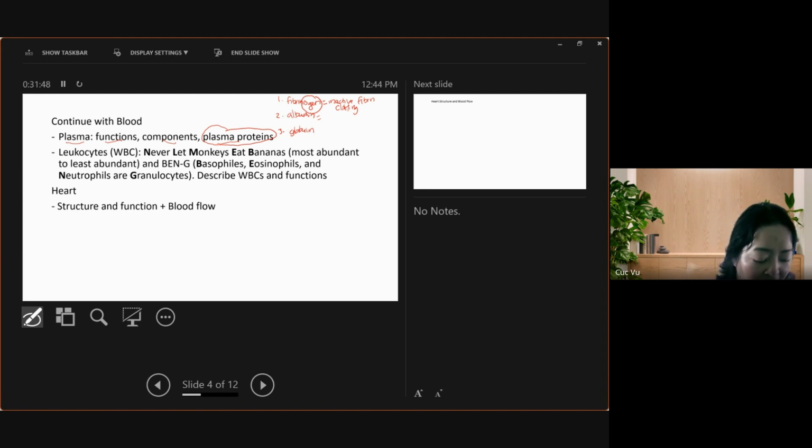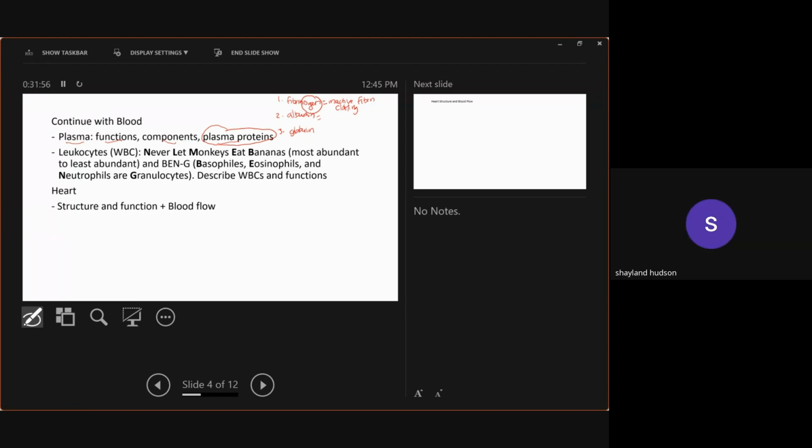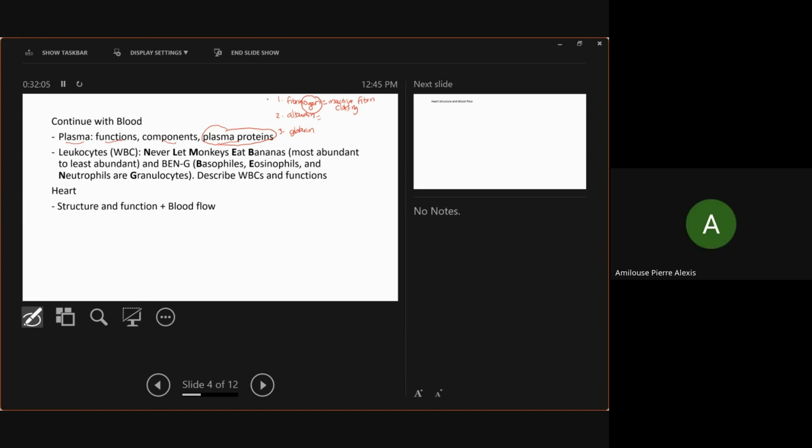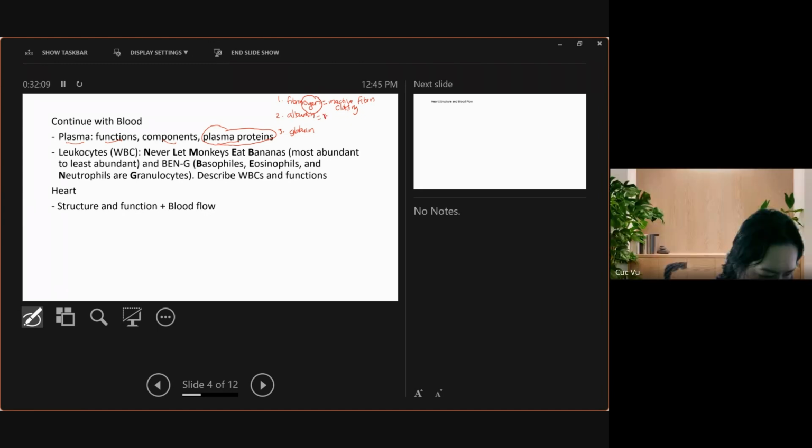Okay, and the reason for that is because albumin impacts or is a factor in viscosity and osmolarity. I lost my pen. I cannot write with my pen anymore. So I'm writing with my mouse now, and it's not looking very pretty.